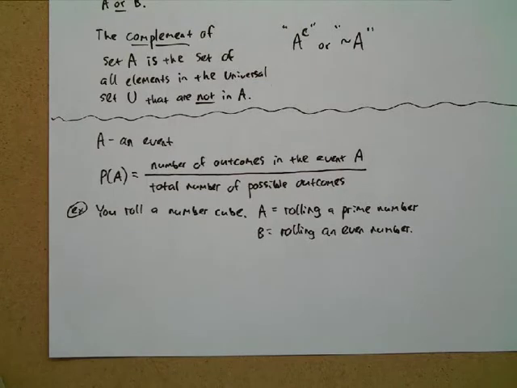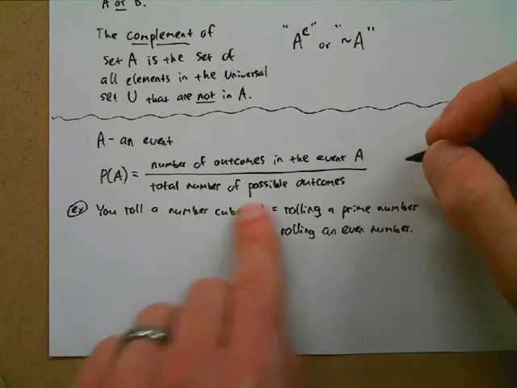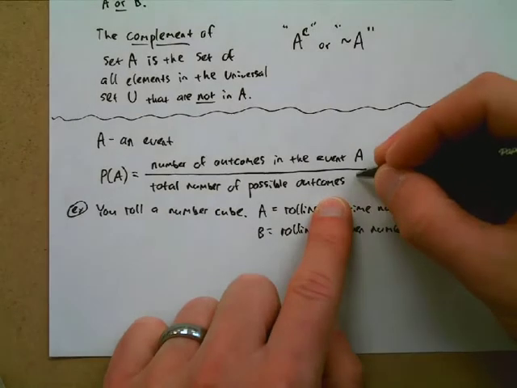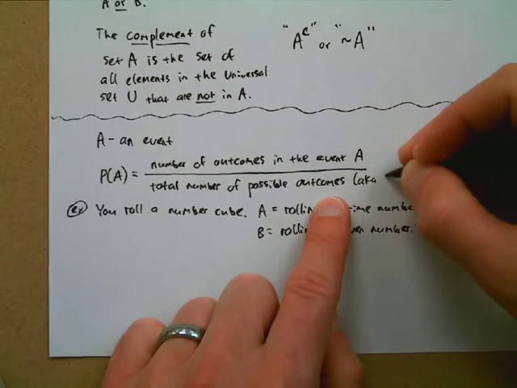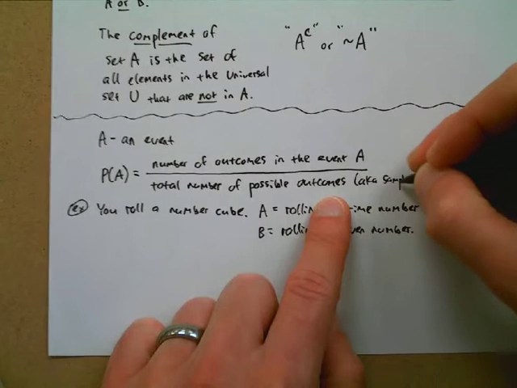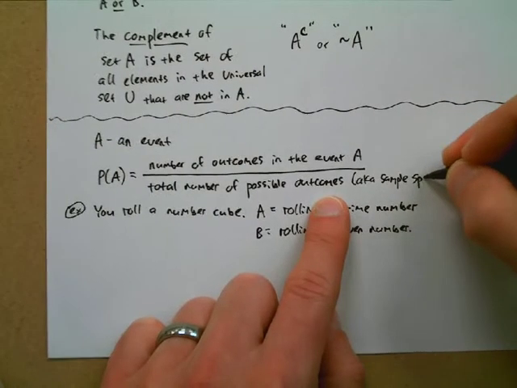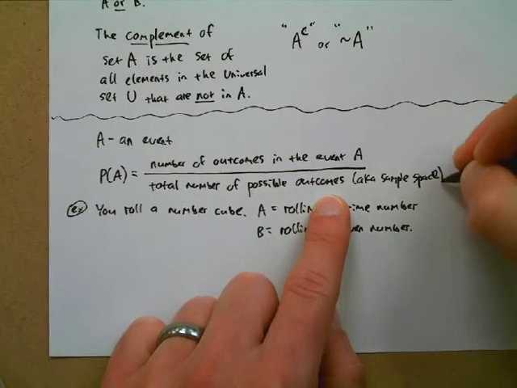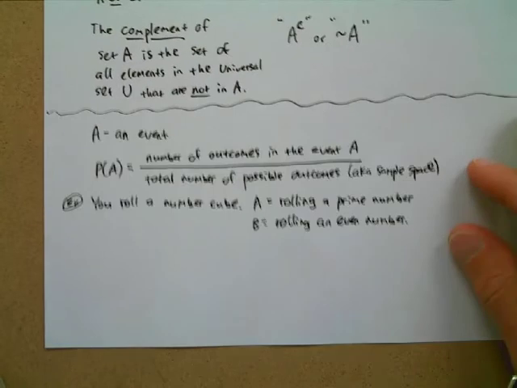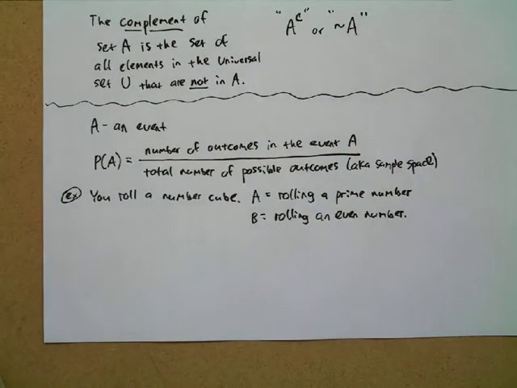The total number of possible outcomes is also known as the sample space. AKA sample space.